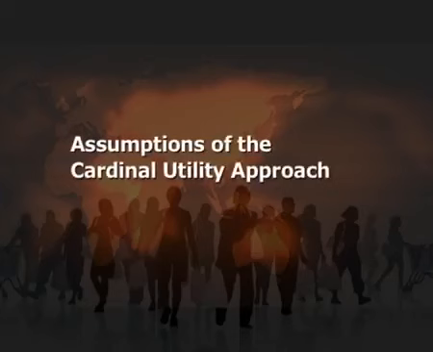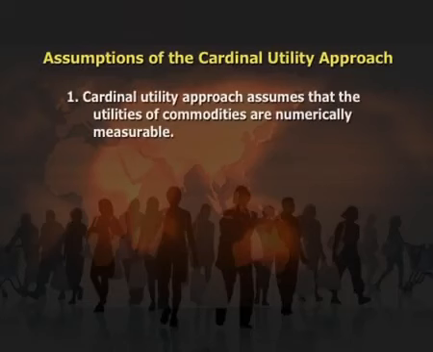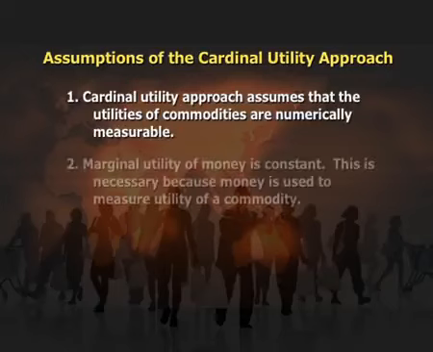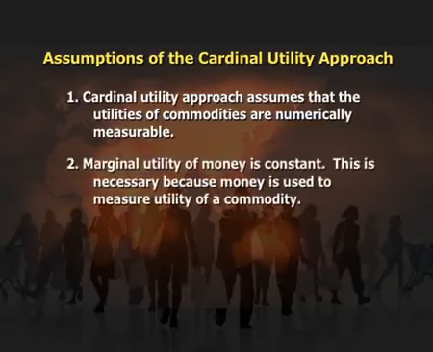Let us discuss the assumptions of the cardinal utility approach. The principle of cardinal utility is based on these assumptions. First, the cardinal utility approach assumes that the utilities of commodities are numerically measurable. Second, the marginal utility of money is constant. This is necessary because money is used to measure the utility of a commodity.